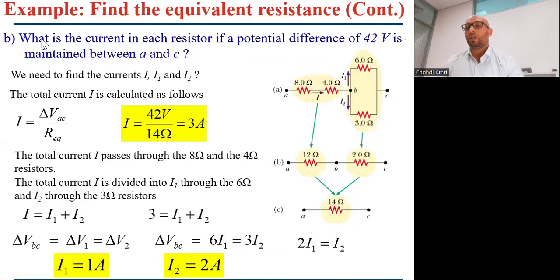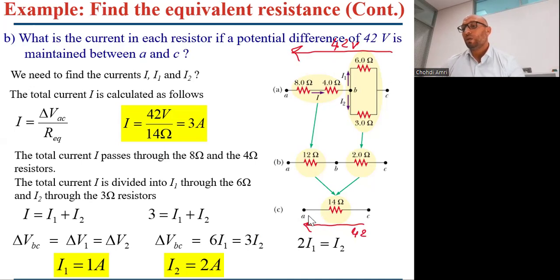Let's move. Question B said, what's the current in each resistor, if the potential difference of 42 volt is maintained between the point A and C? Between the point A and C, we have 42 volt, so also for the equivalent resistance we have 42 volt.